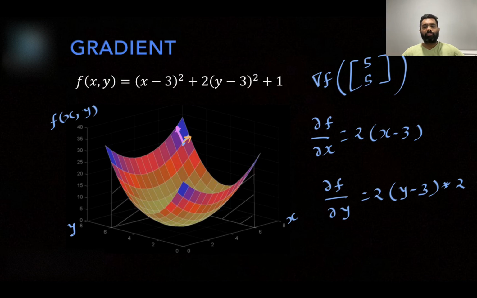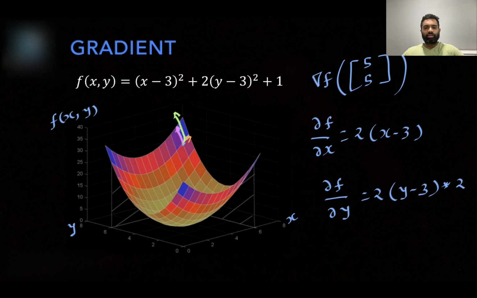So del f by del y is higher than del f by del x. So whatever gradient you see, which I have indicated using the green color in this particular case, will have more component on the y-axis than the x-axis. So it will be somewhat like this.